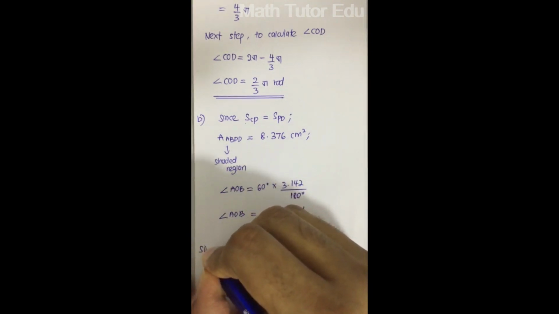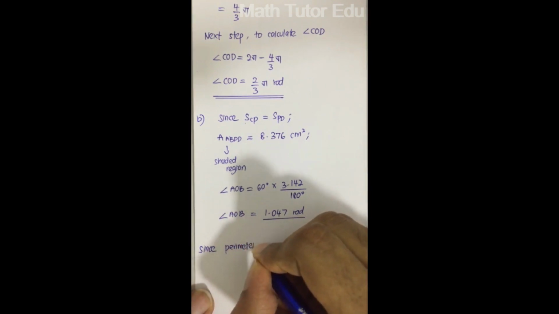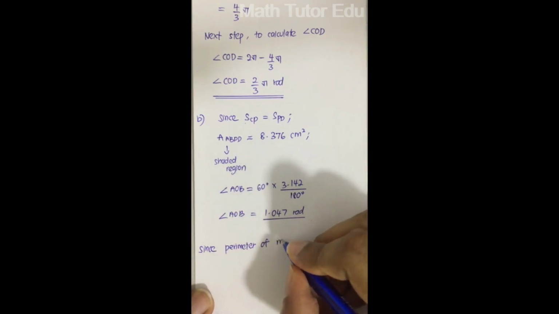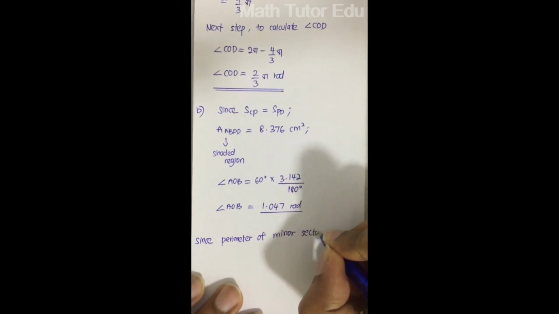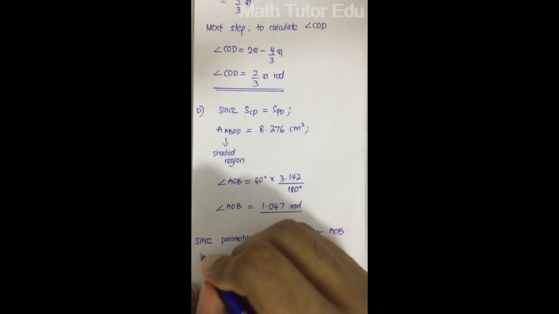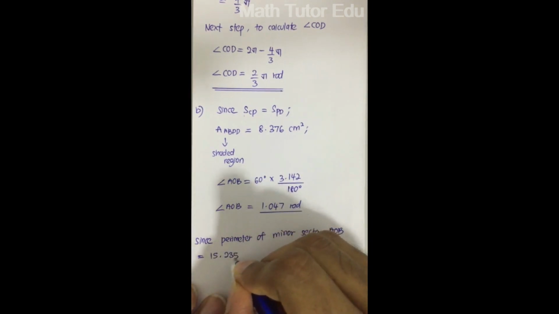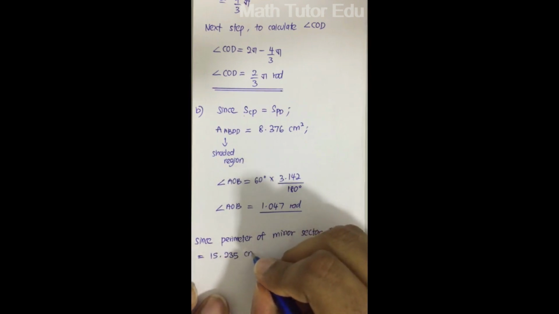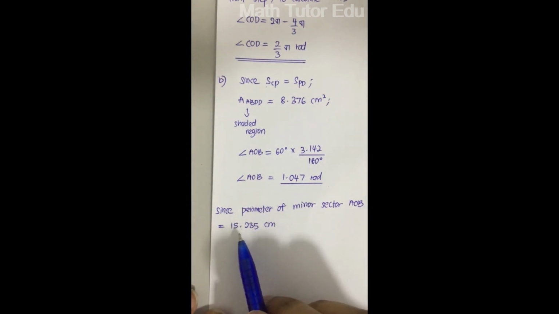So from here, since the perimeter of minor sector AOB equals 15.235 centimeter, the first step is we're going to find the value of h. So how are you going to find the value of h?